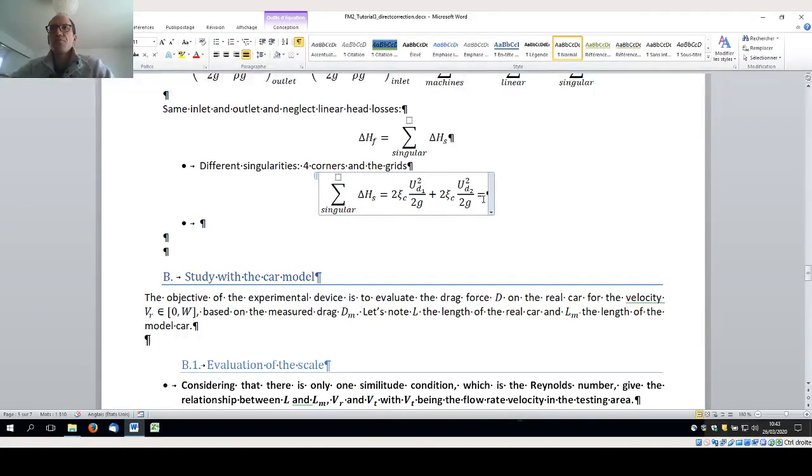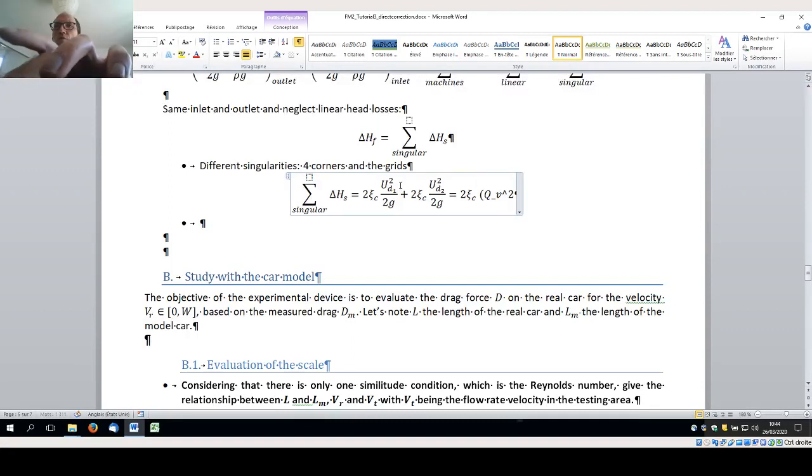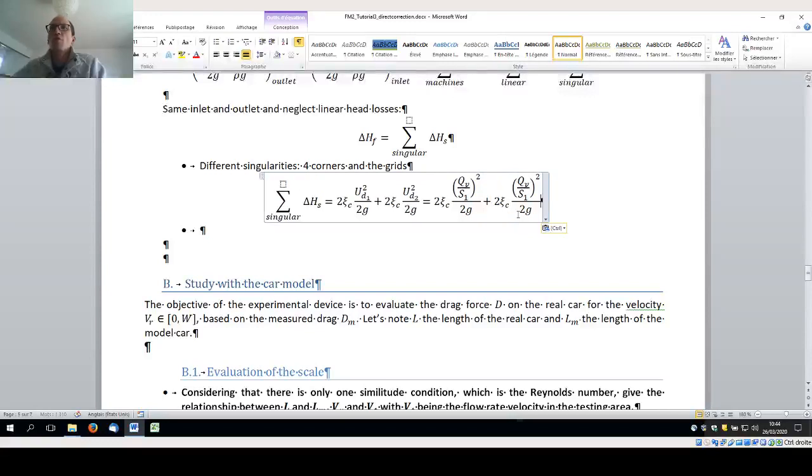So this is 2 times this, so ud squared is the flow rate, so this is QV over S1 squared divided by 2g, plus the same thing with the section S2.